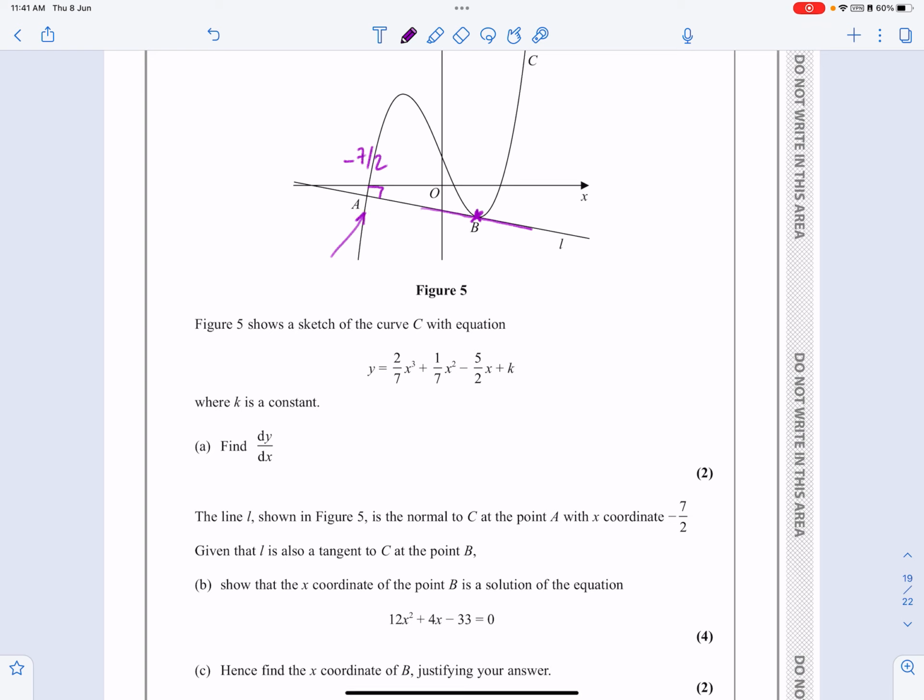I'll be able to do that. Once I've got that, I'm going to say that's the same as the gradient of the tangent at B. So I'll be able to use that to form some sort of equation.